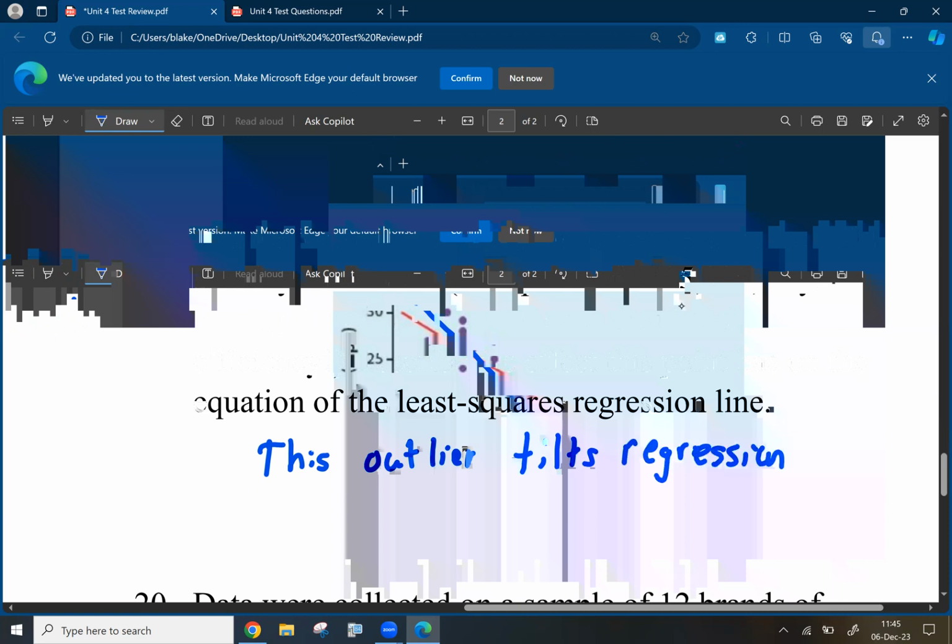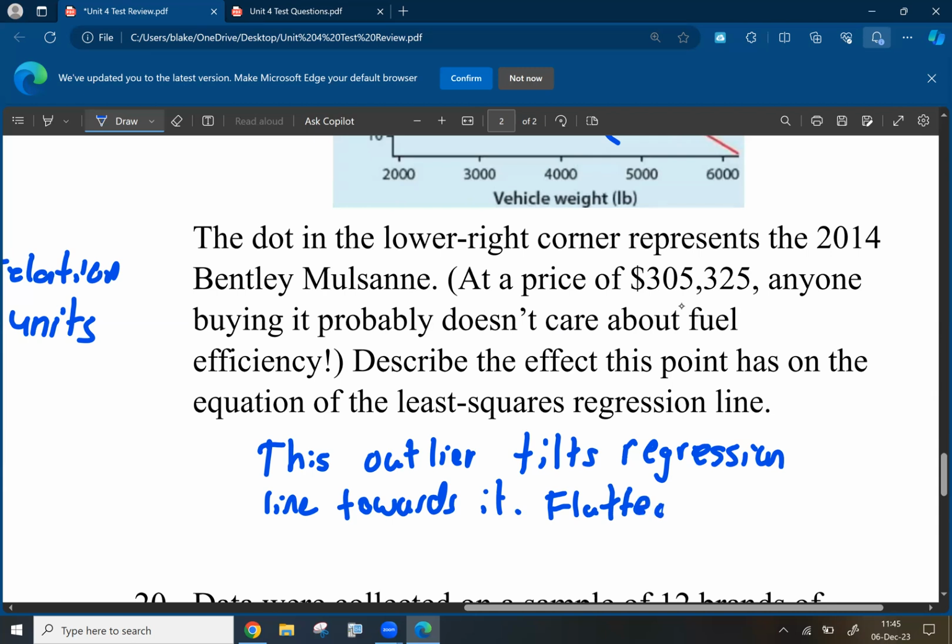So this outlier tilts the regression line towards it, which flattens the slope, making it closer to 0.